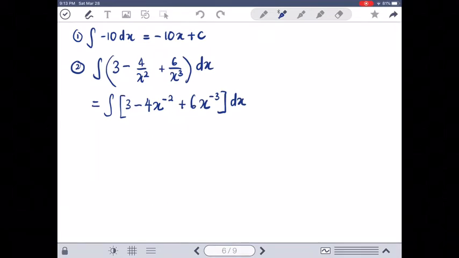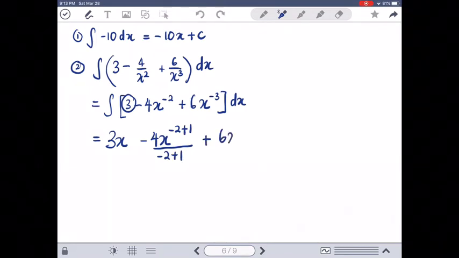So we integrate individually. When we have a constant, we should get 3x. The next one, negative 4x to the power of negative 2 plus 1 over negative 2 plus 1, and plus 6x to the power of negative 3 plus 1 over negative 3 plus 1, plus c.